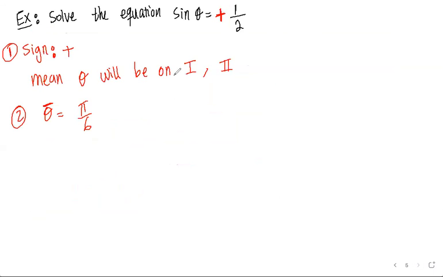So theta will be in the first quadrant and second quadrant. So theta equals pi over 6. I don't like to use 1 here. So theta will be pi over 6, and theta will be 5 pi over 6. How do we know?